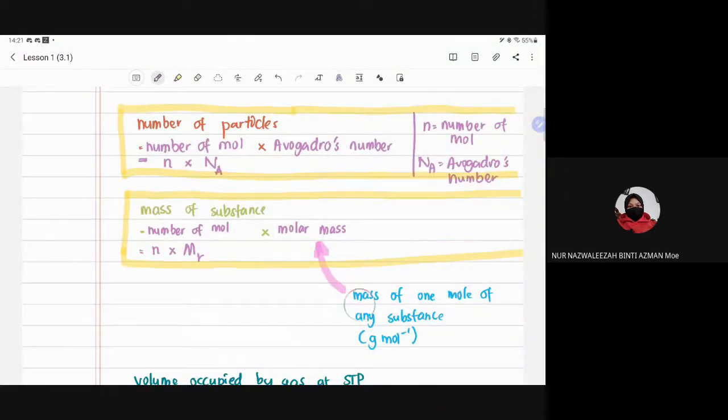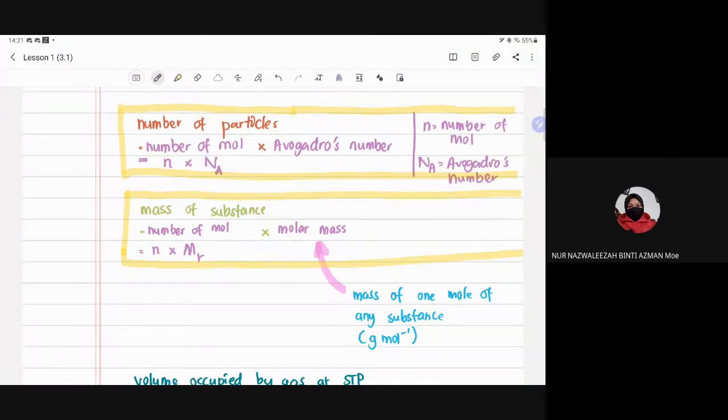So molar mass, it is a mass of 1 mole of any substance. Kalau contohnya kita tengok molar mass of carbon 12, it is 12 gram. So maksudnya 1 mole of carbon sentiasa ada 12 gram. Kalau oxygen, the molar mass is 16. Jadi 1 mole of oxygen always contains 16 grams.